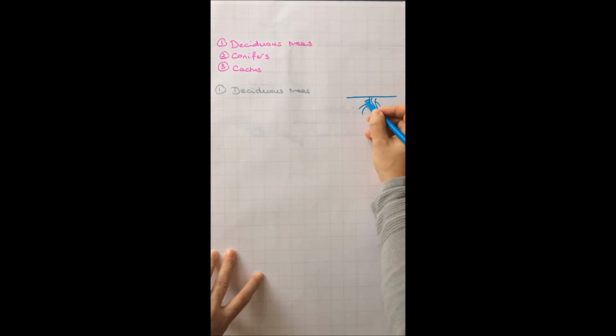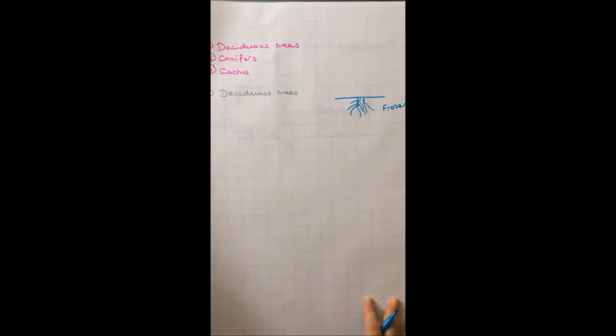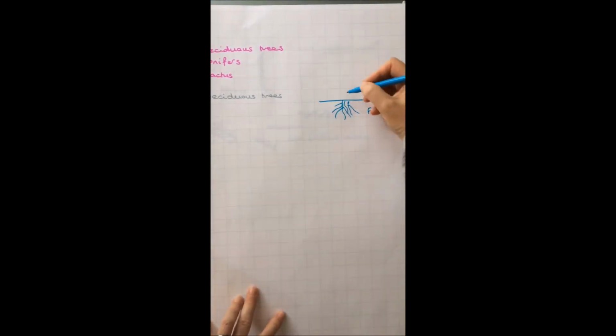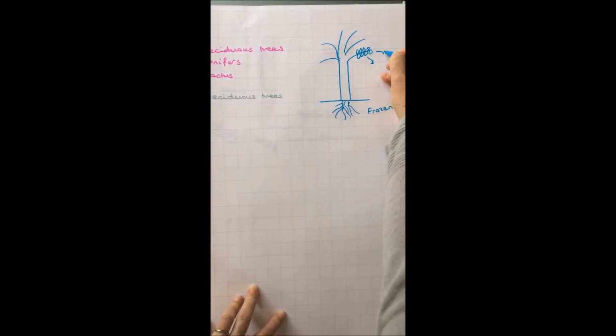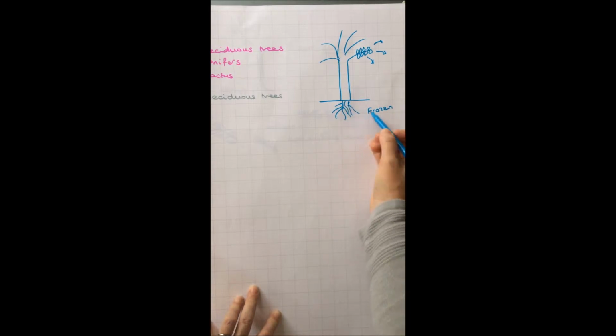the soil becomes frozen, so any water that might be present in the soil is actually frozen. What that means for the tree is, if this were the tree here and it had leaves, then transpiration would be occurring and water would be lost from those leaves, and the plant wouldn't then be able to replace that water because the water in the soil would be frozen.